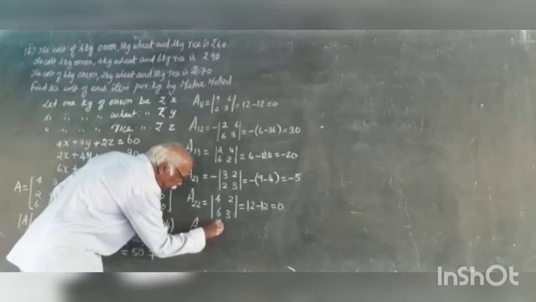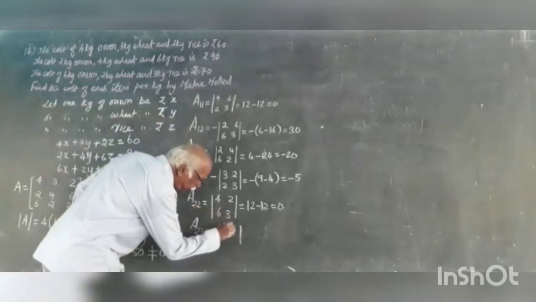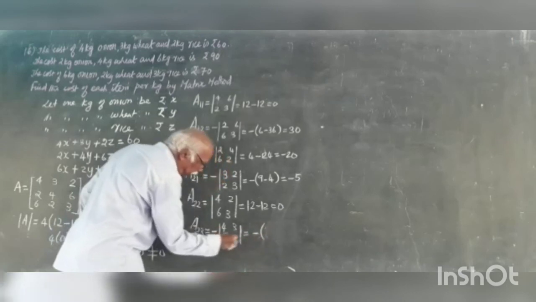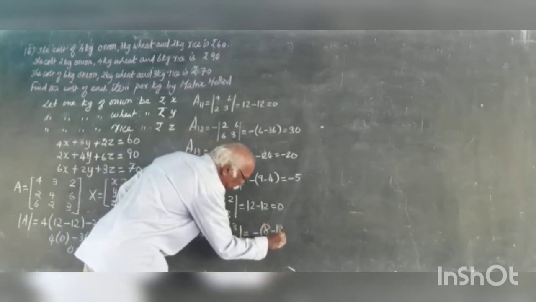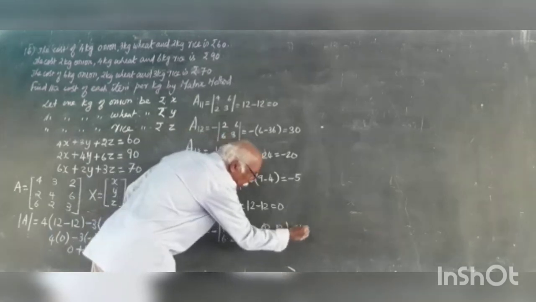A23 is negative: the minor 4, 3, 6, 2 gives minus of (8 minus 18), which is minus of minus 10, equal to plus 10.